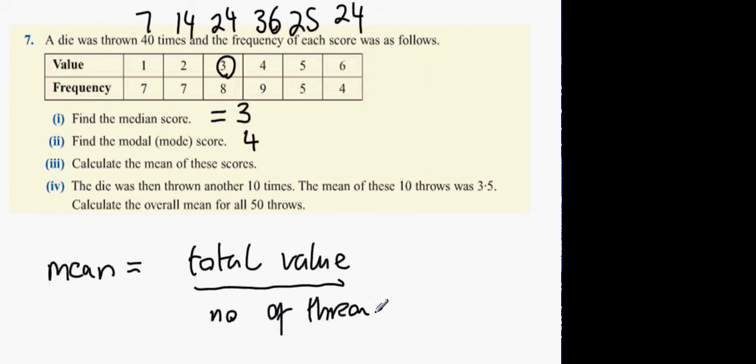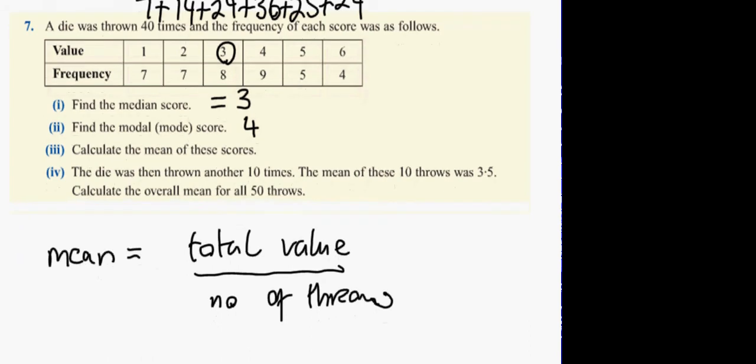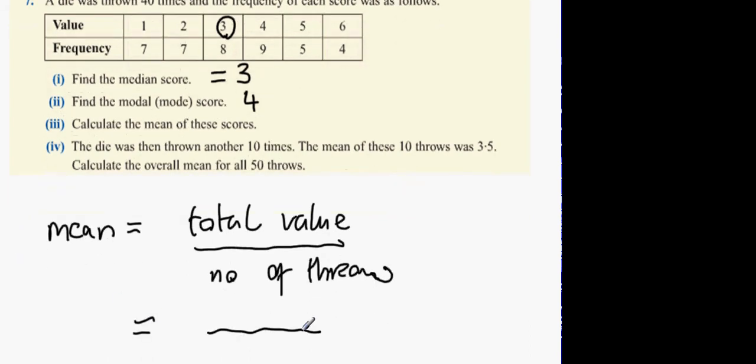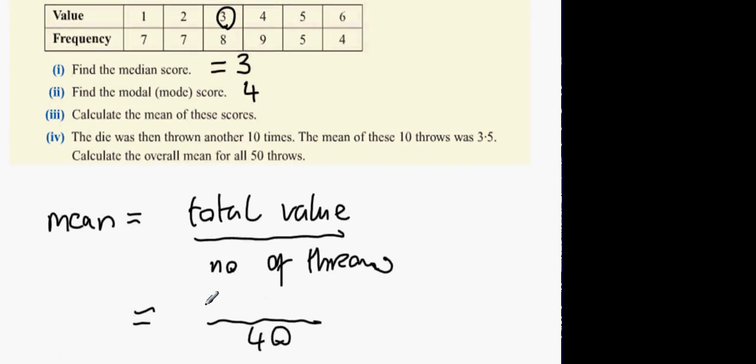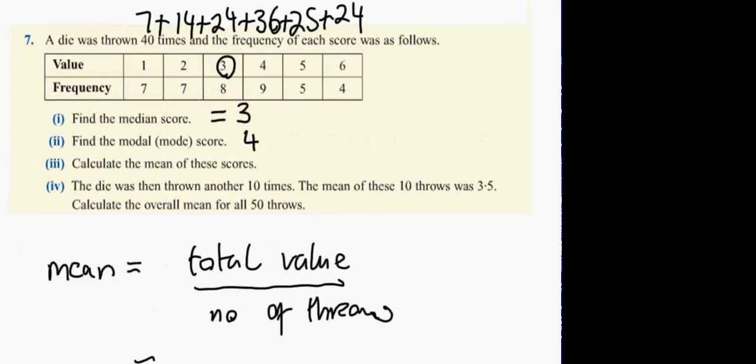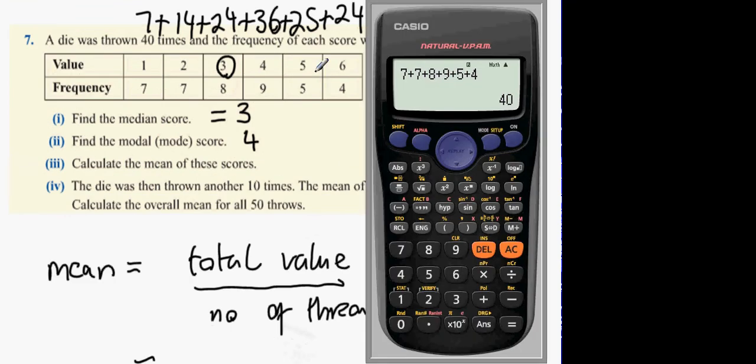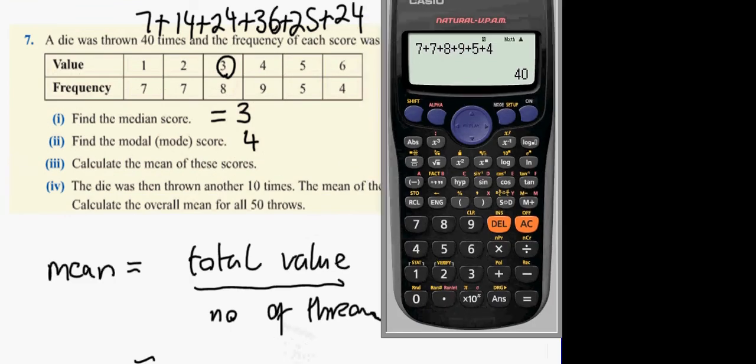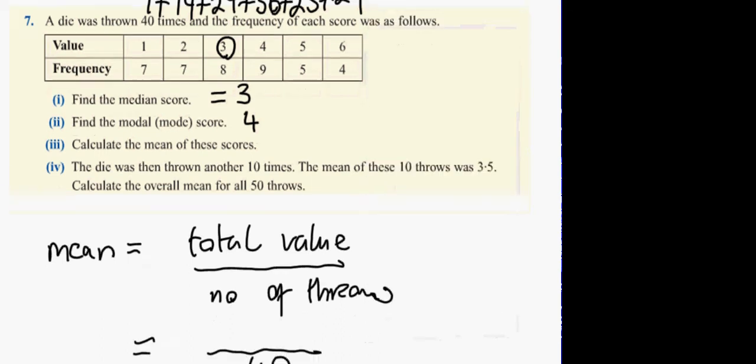So the total value is basically all these numbers added together. So could you just quickly add up these numbers in the calculator for me, please? It's 40 throws in the bottom, and what's the value on top? 130. Okay, does everybody agree with that? Yes. Okay, so it's 130.